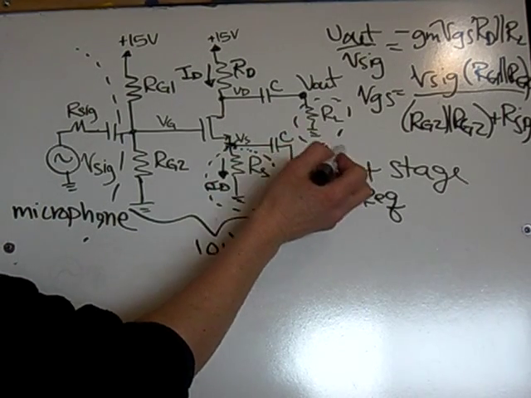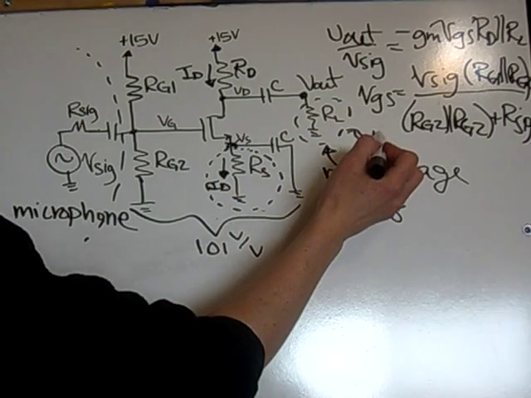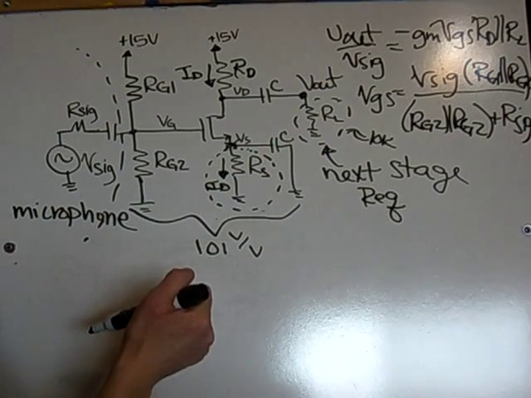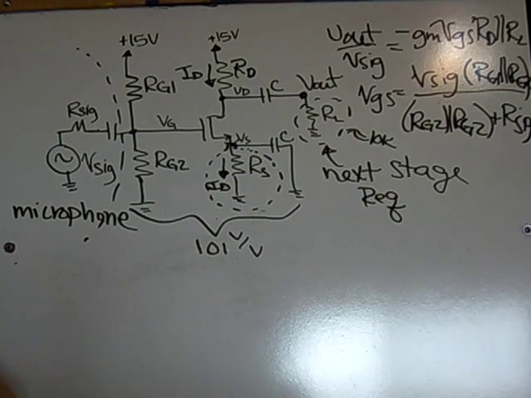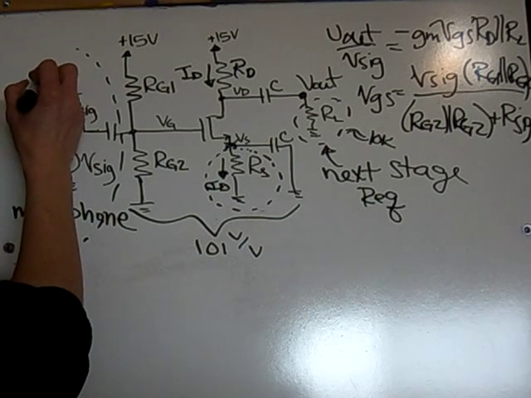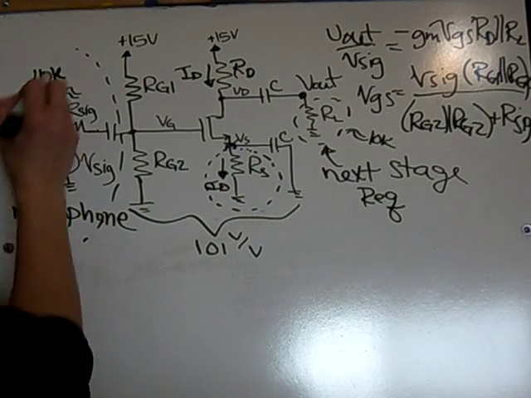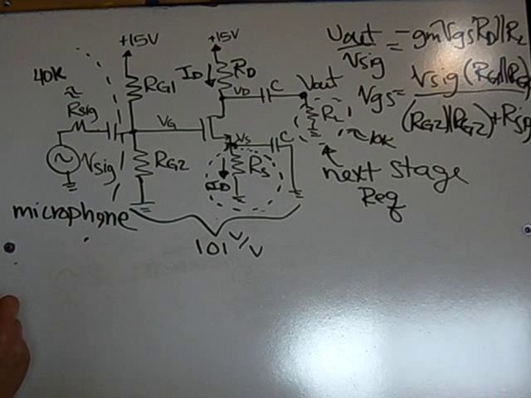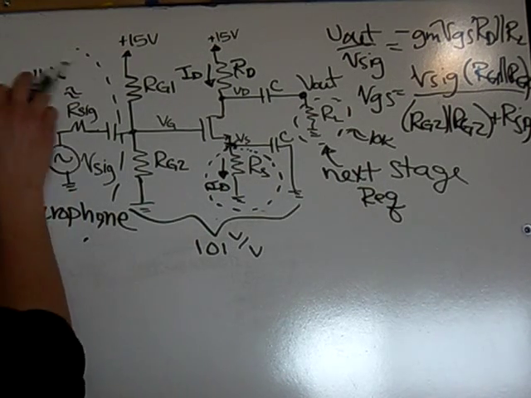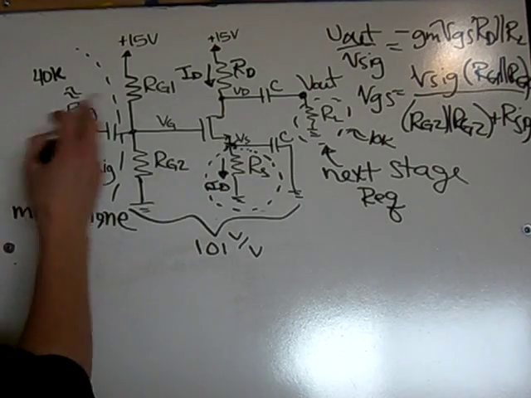The RL would be approximately 10K, remember, it's going to the potentiometer into the next op amp, which has a high input resistance. Here, R sig is coming from your microphone, approximately 40K because of the 47K in parallel with the 100K from the microphone part of it. So these are just estimates.